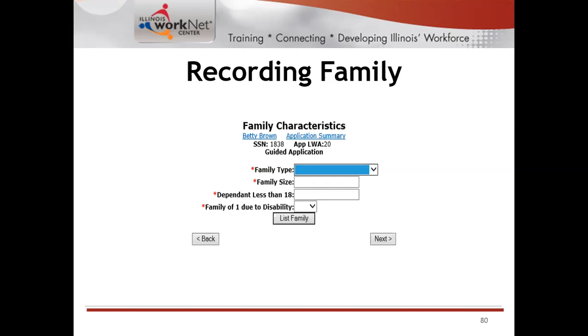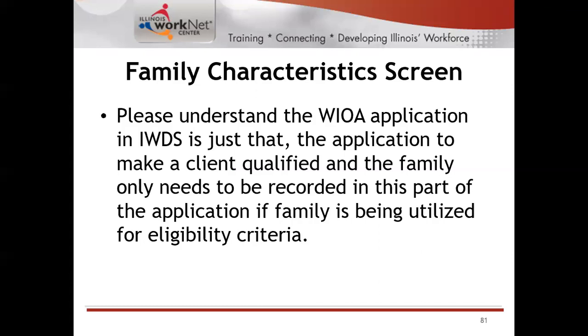For dislocated worker, the only portion of eligibility that might be tied to family could be a displaced homemaker or spouse of an active duty service member. So when you're looking to record family, it only needs to be recorded in a WEO application if it's relevant for the criteria of eligibility. In most cases, it's just going to be the client self-attested, and they won't need to list all the family members.